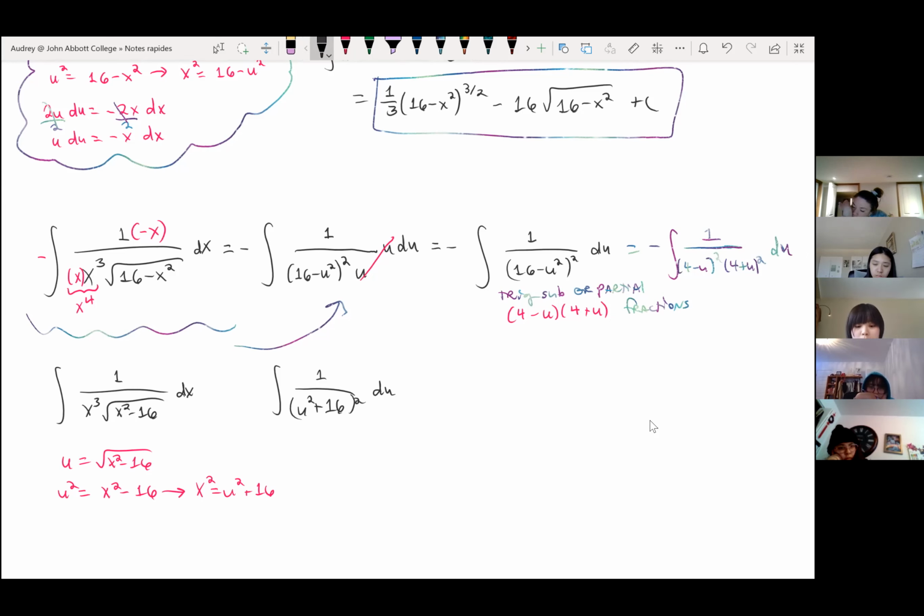Can I do partial fractions on this? No. In fact, if you guys remember, we had the video of the end forms of partial fractions. This is already a partial fractions end form. Abby just said it. That's irreducible. u squared plus 16 is irreducible.